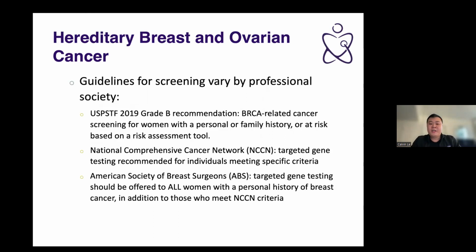So the first thing we'll talk about is hereditary breast and ovarian cancers. There's been a lot of newly updated guidelines in this regard, and the guidelines vary by the professional society that dictates them.